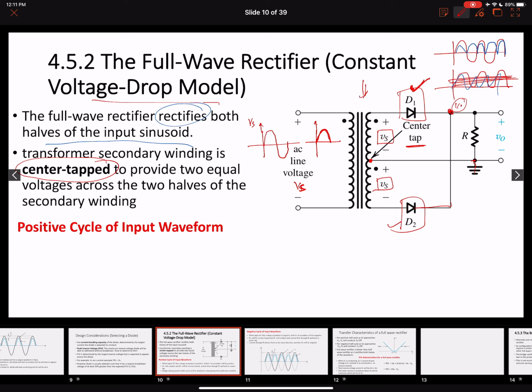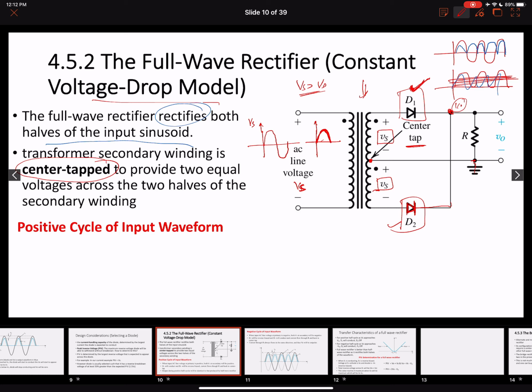During the positive cycle of this waveform, the diode D1 will start to conduct because it will become forward biased as soon as this VS becomes greater than VD, because it's a constant voltage drop model. And this other diode will become reverse biased. Why?